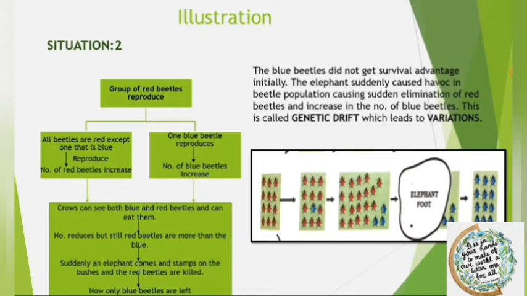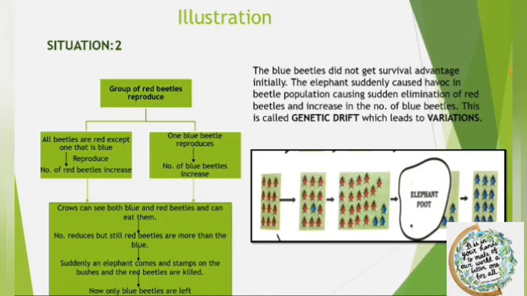Therefore, there are equal chances of crows eating both types of beetles. Now, what will happen? The population of blue beetles will initially increase very slowly as they can be eaten by the crows along with the red ones. But gradually it starts increasing like that of the red, and both are almost equal.